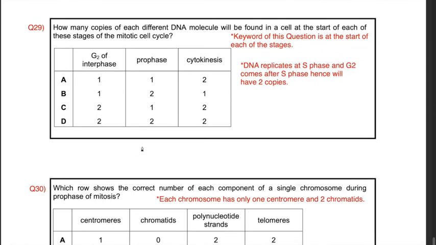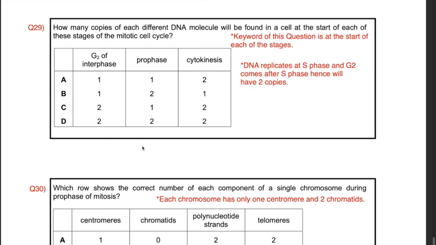Question 29. How many copies of each different DNA molecule will be found in a cell at the start of each of these stages of the mitotic cell cycle? The keyword of this question is at the start of each of the stages. DNA replication occurs at S phase, and G2 comes after S phase, as well as prophase comes after S phase, as well as cytokinesis comes after S phase.